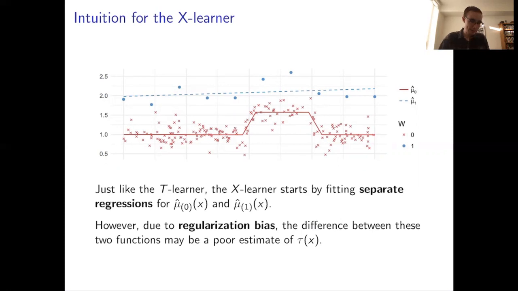So the way you can think of this on the picture is for every blue dot, you're going to draw a line down to the red curve. And you're going to think of these as your delta i1s. These are your imputed noisy proxies for the individual treatment effect for treated people.